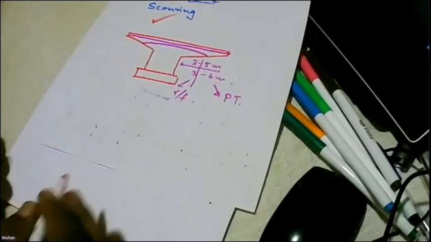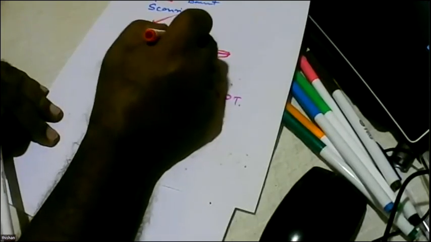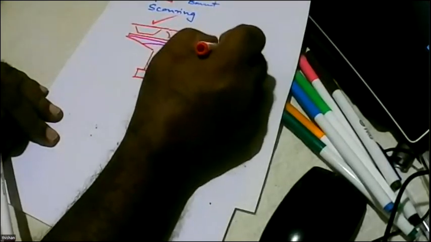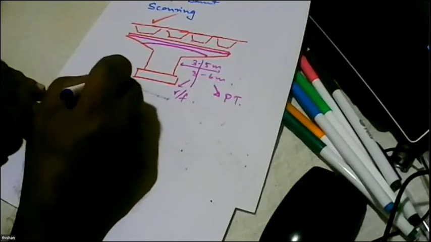The reason is when you look at the loading system, maybe something like this, very heavy loads. That means this will need heavy pre-stressing as well. But in pre-stressing, we have to see the stresses at transfer.